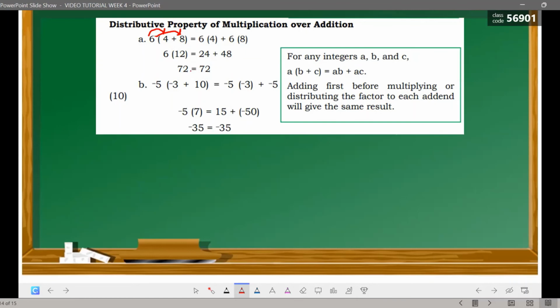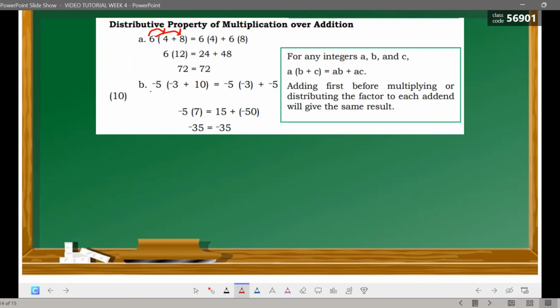So, pareho lang po ang magiging sagot. Ayan, adding first before multiplying or distributing the factor. Ito, adding first before multiplying tong nasa left side. Then, dito naman sa right side is the distributive property ang ginamit. Okay po. So, we gain the same result.